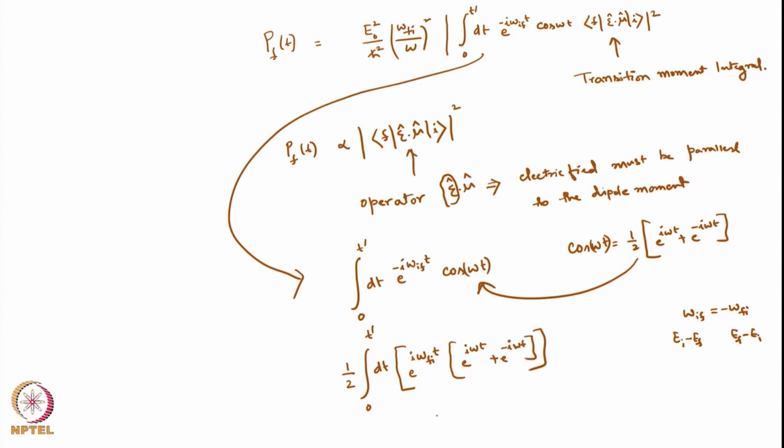So this will be nothing but half of 0 to t prime dt, and then you will have e to the power of i omega fi plus omega into t, plus e to the power of i omega fi minus omega into t. So that is the integral.